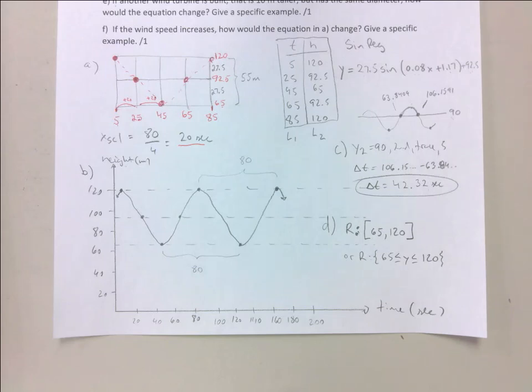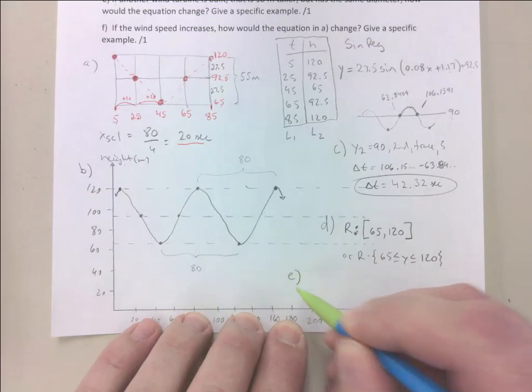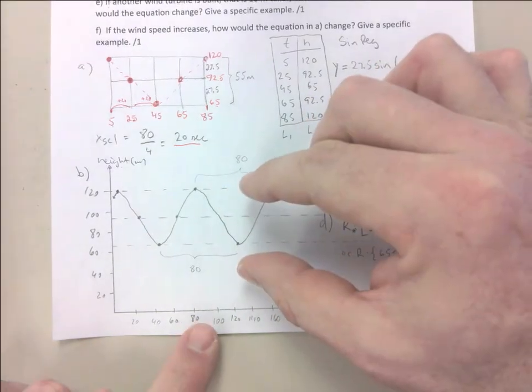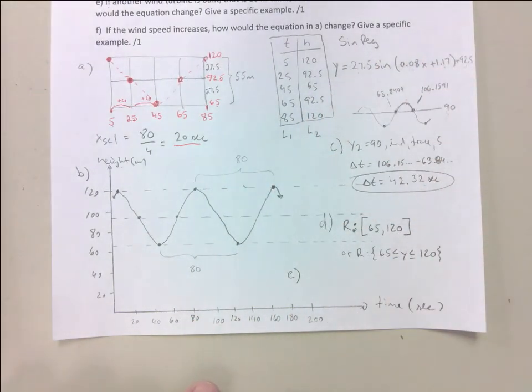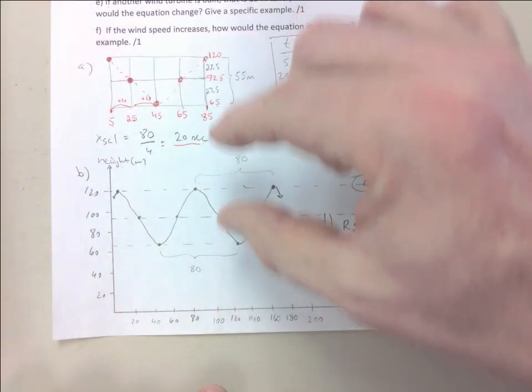E. What is E asking? If another turbine is built that is 10 meters taller but has the same diameter, how would the equation change? So I don't know if you remember, but which one of the four, A, B, C, or D, if you were to change it, would shift this up or down?